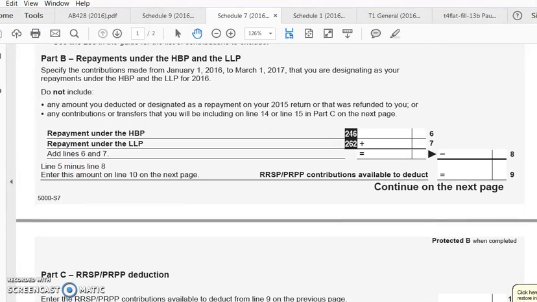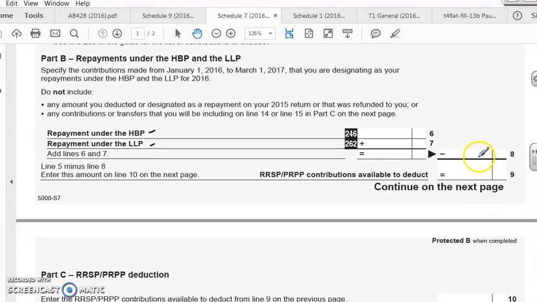Taking a look at the next little section, Part B. Part B refers to the home buyer's plan or the lifelong learning plan. If Paul had taken money out of his RSP in order to buy a home or for learning, he would be repaying it here. But he doesn't have anything valid here.